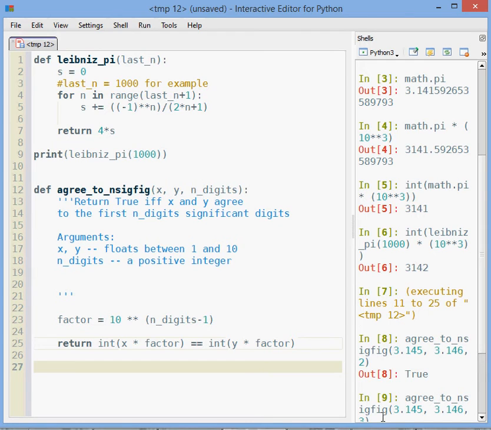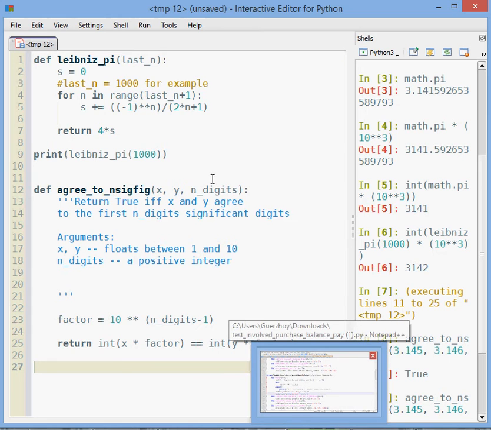Now we are ready to write the actual function. So the question that we're asking is, what should this last n be in order for us to be able to say that the approximation and the actual pi agree to n significant digits? So what's the strategy here?